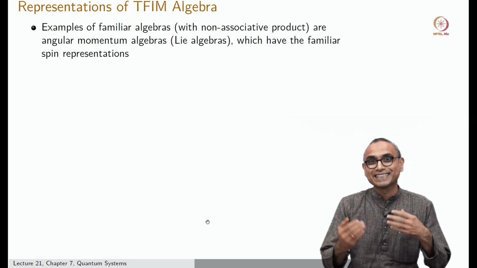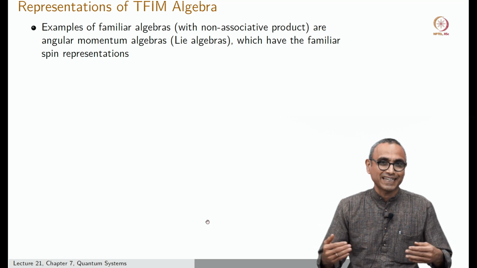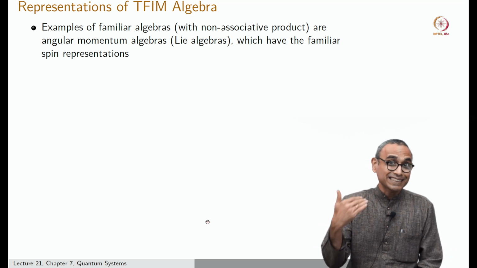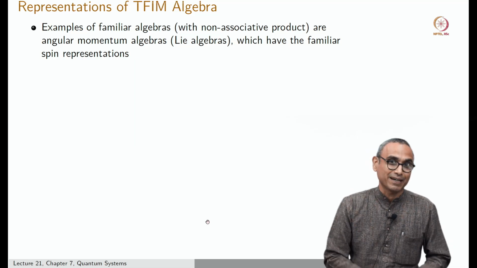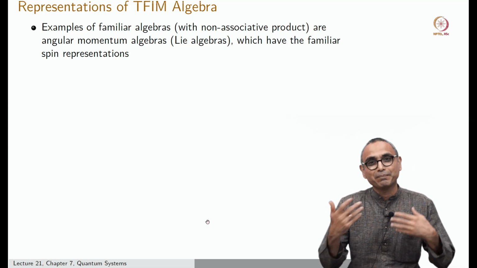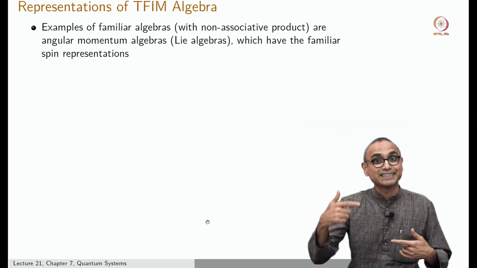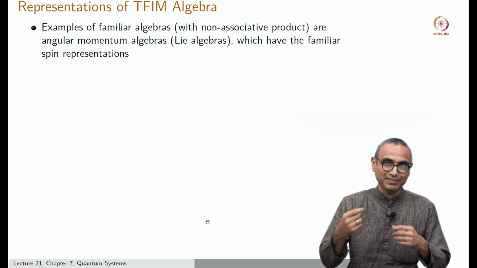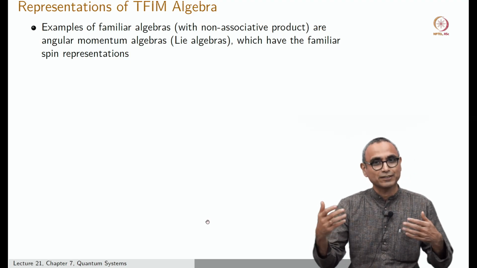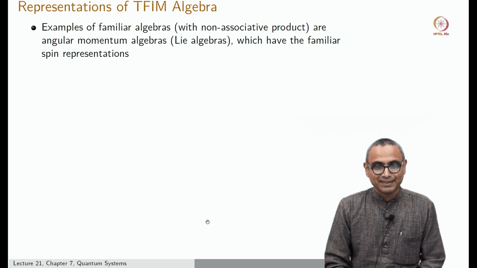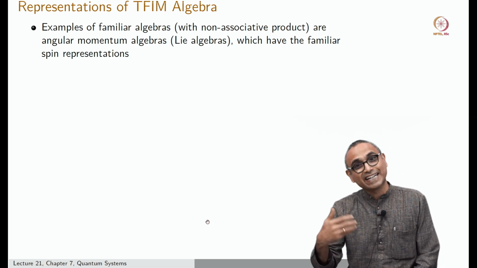And then how did you discover there is spin 0, spin half, spin 1, spin 3 half, etc.? You asked the question, what are the representations of this algebra? And then by a set of calculations, you found that there are distinct representations. There is the angular momentum 0 representation, angular momentum half representation, 1 and so on. So once you get an algebra, you can generate representations.